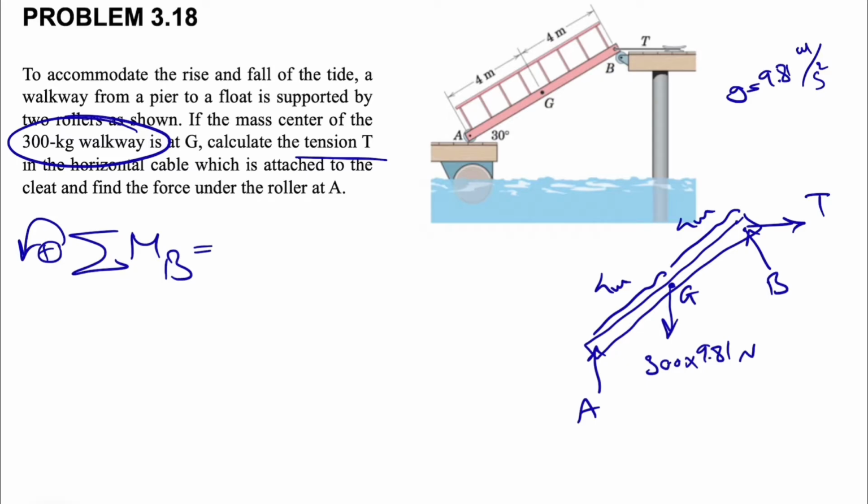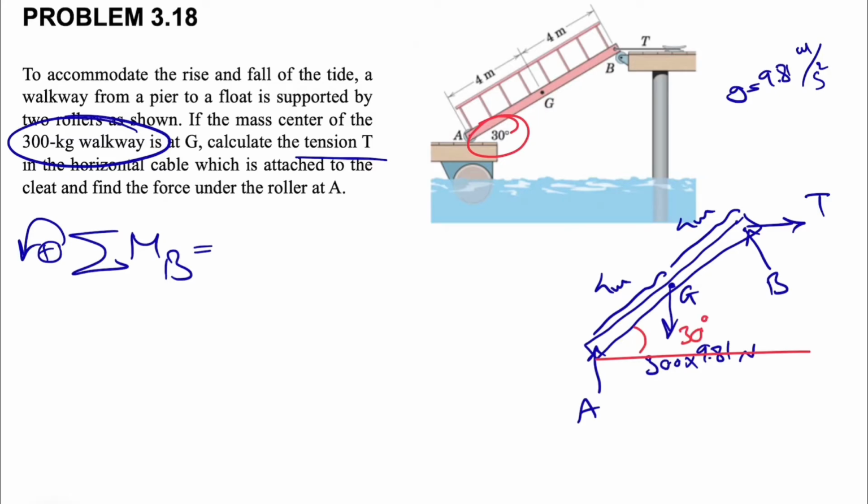We have to deal with the moment of A and the moment of the weight of the walkway. There's one more important piece of information in this free body diagram, and that would be this angle, which is 30 degrees from the question.